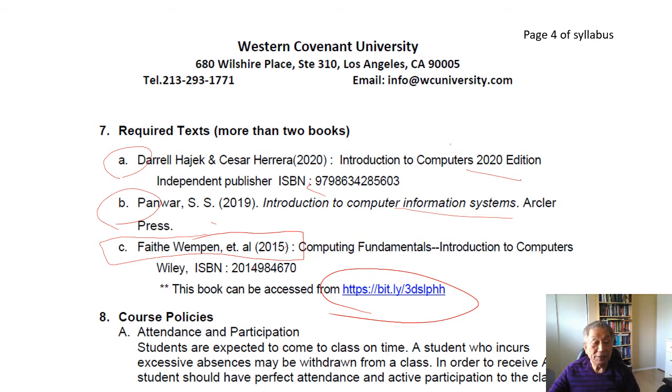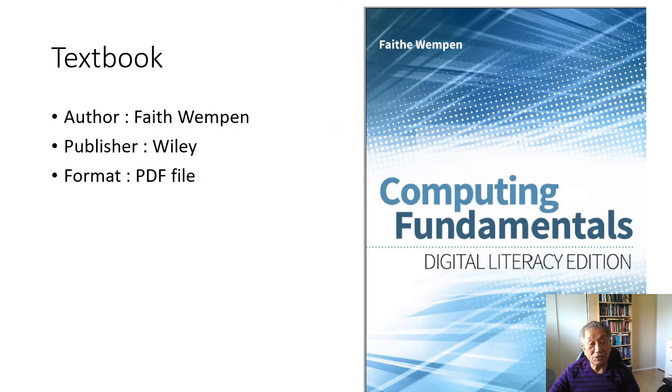Okay, so this is our book, and the cover page looks like that. There's a blue color and the Faith Weapon name, and it is published by Wiley. Wiley and Sons is a very famous publisher, which has numerous professional books and college textbooks.